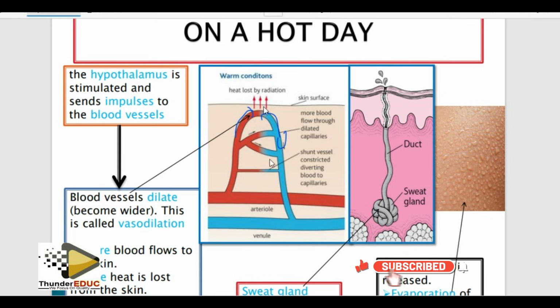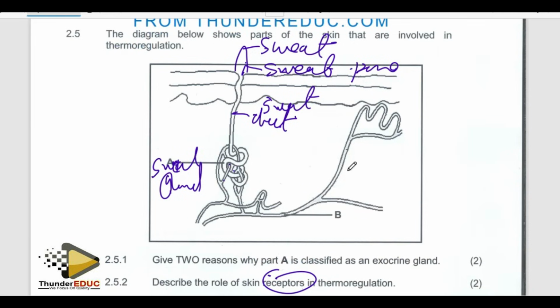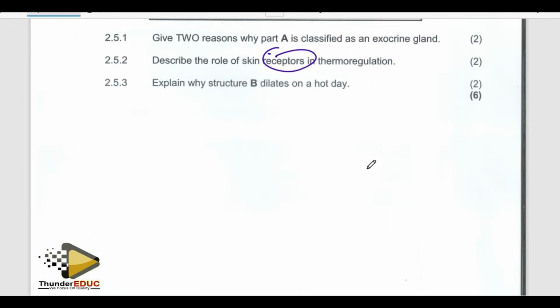More blood is flowing near the skin, and as it flows near the skin, heat is lost. That's what they are trying to say. So it allows more blood to flow near the skin so that more heat is lost. That's why it dilates during hot days. Sometimes we can also say that it dilates so that it can supply more blood to the sweat gland, so that the sweat gland can become more active.